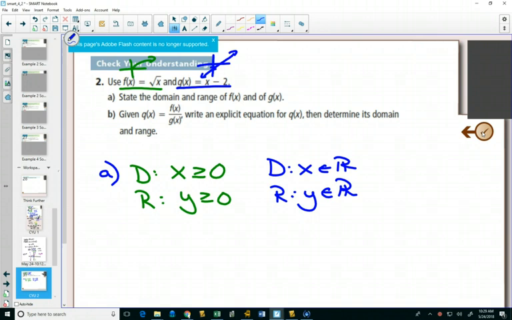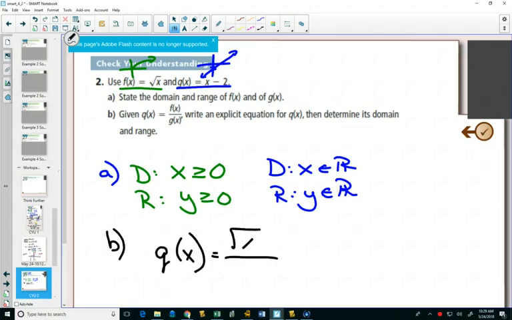Part B, given q of x is f of x divided by g of x, if we want to write an explicit equation, we have to replace the f of x with the square root of x and replace the g of x with x minus 2.